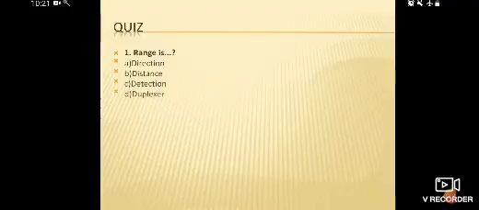So what is the meaning of range? That is direction, distance, detection and duplexer. So what is the answer? It is nothing but distance.